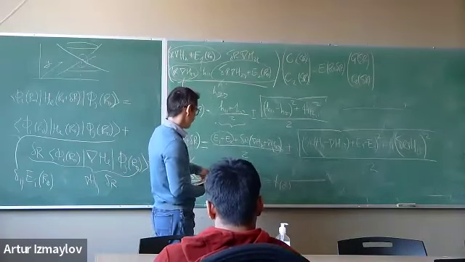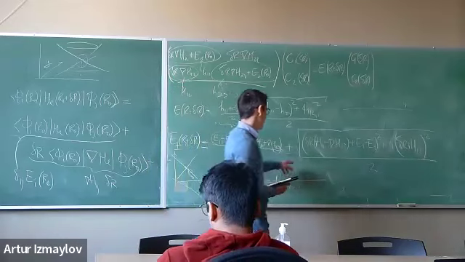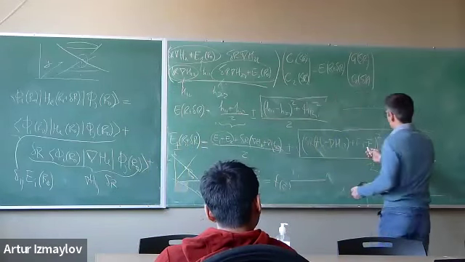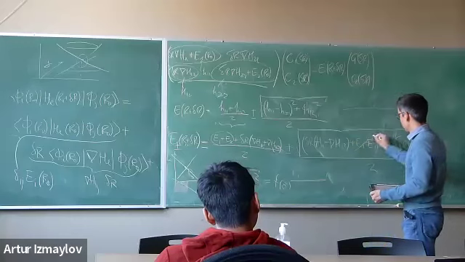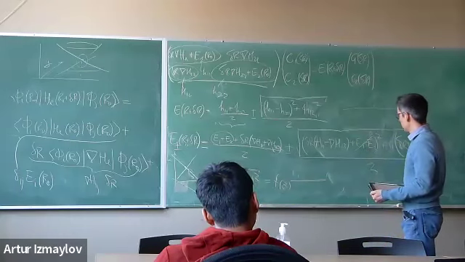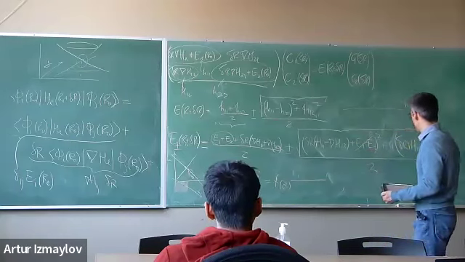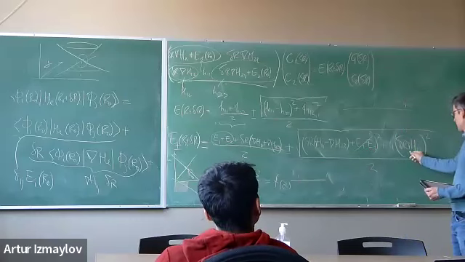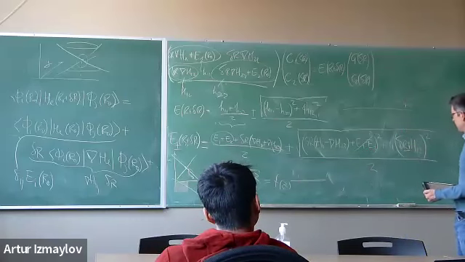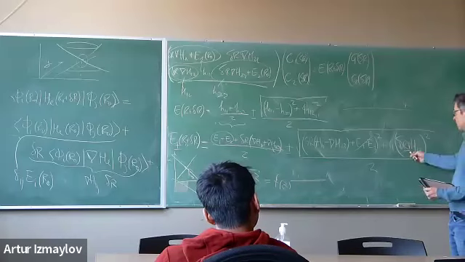Then we have kind of 0 here for the E1 minus E2. This is the coupling part, and the delta R multiplied by coupling.